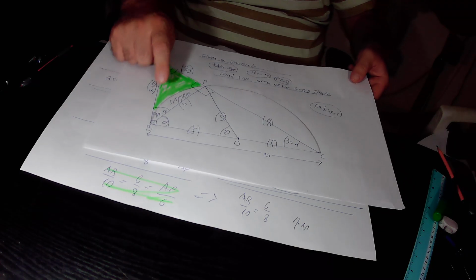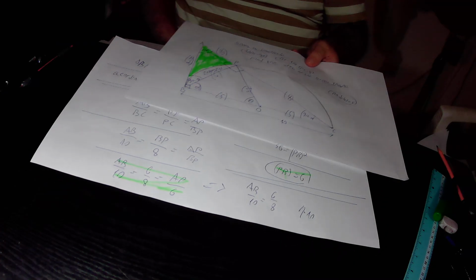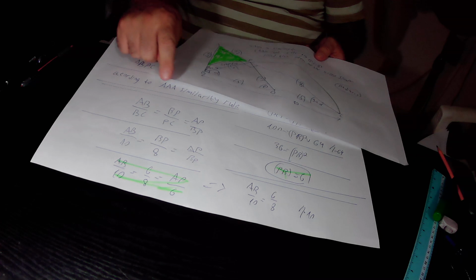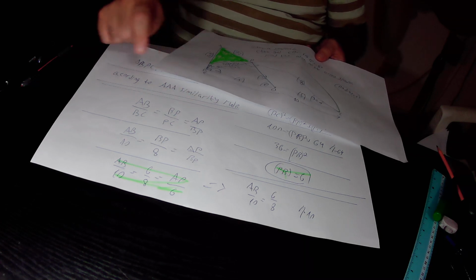Actually, side BP is a common side that belongs to both triangles. So we find that AB over BC equals BP over PC equals AP over BP.